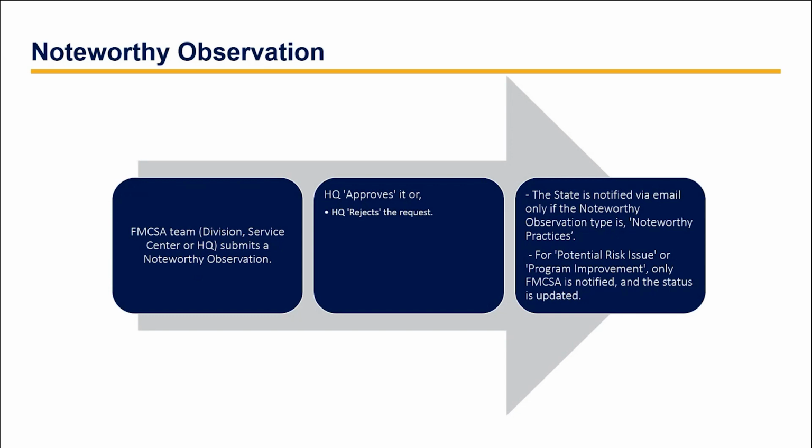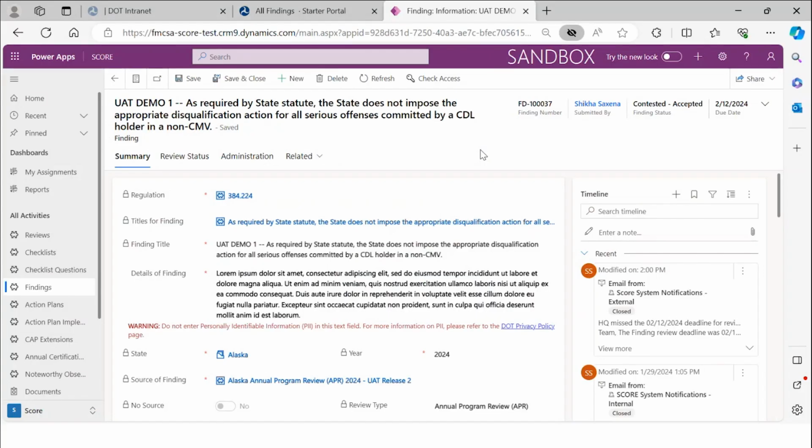If the noteworthy observation type is noteworthy practices, the state is notified via email. For the other two types, potential risk and program improvement, only FMCSA is notified. So that is a little bit different here. I'm going to go to the app and show this.